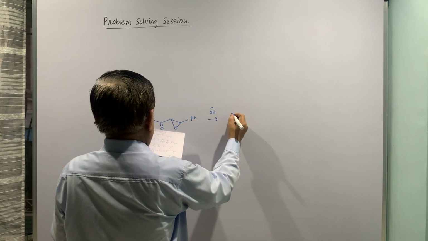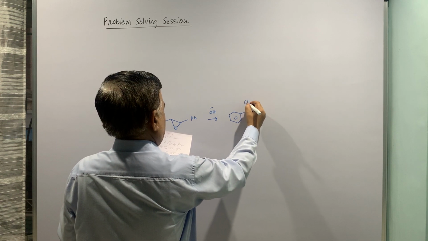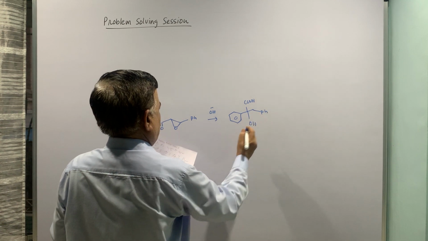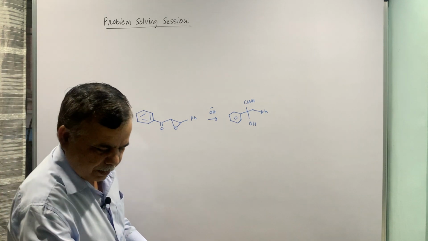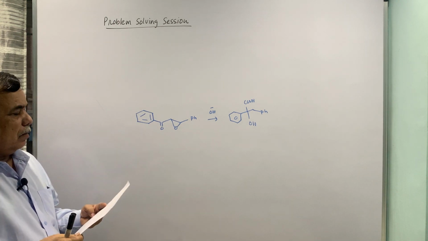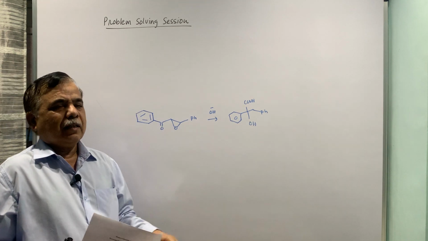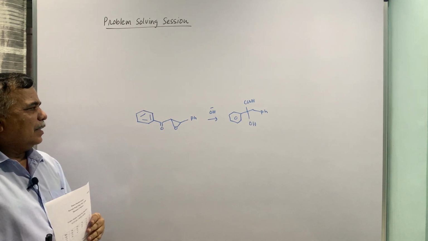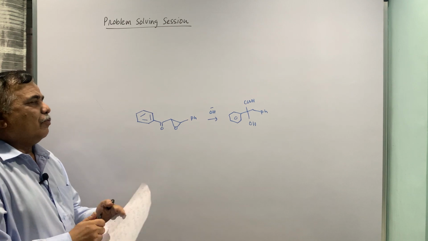OH minus, and then you get, so by looking at the product one can say that this is benzilic acid rearrangement because this is an alpha hydroxy acid, but for that you need the reactant as a 1,2-diketone. So, that diketone has to be obtained from this epoxide.